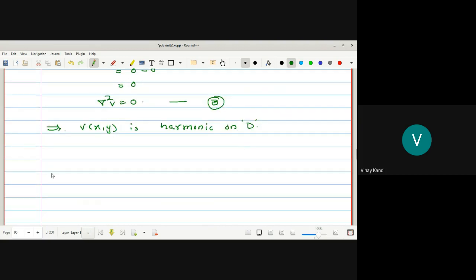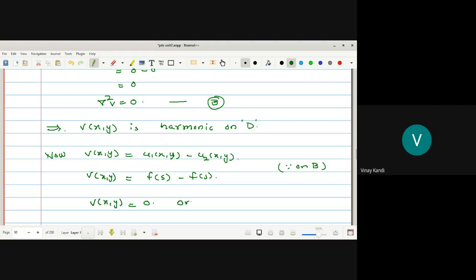V of xy is equal to u1 of xy minus u2 of xy. What is u1 of xy on the boundary B? It is f of s, and the difference, which is equal to 0 on the boundary B. So v of xy is equal to 0 on the boundary B.